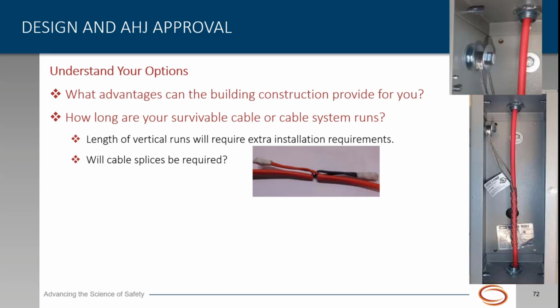So in this case, what you see on the screen there is a vertical installation of survivable cable, and because this survivable cable is running over 30 feet, it has to be supported with that cable strain or cable support. That's all listed with the device, and you have to install it in that way, or else it would not meet the UL requirements.